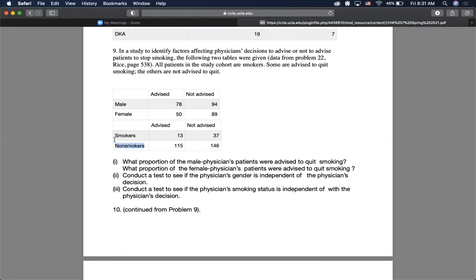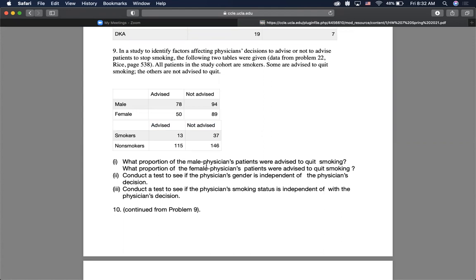Smoker or non-smoker is the status of the physician, and then their decision on advising or not advising their patient to quit smoking. So the rows refer to the gender of the physician, the status of the physician, and advice or no advice to the patient.